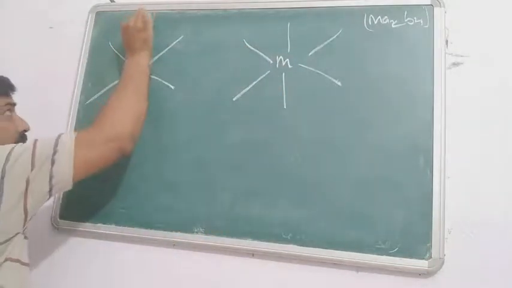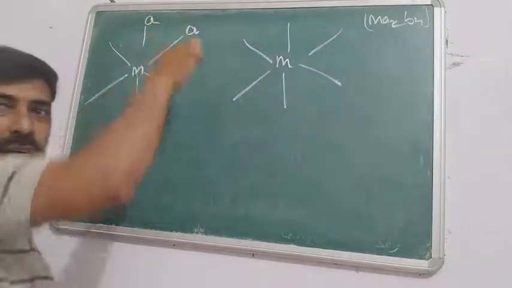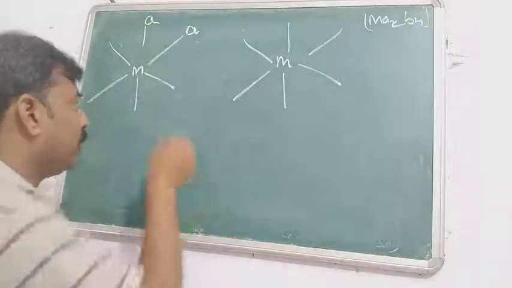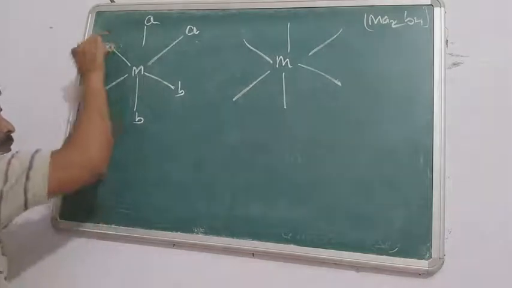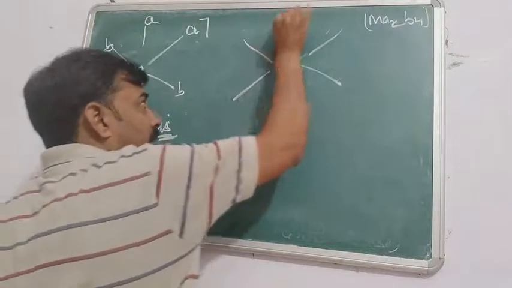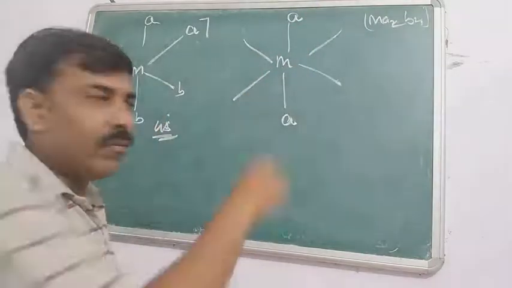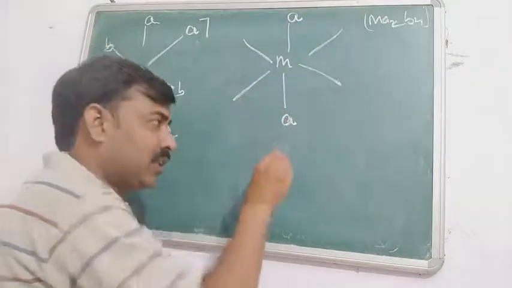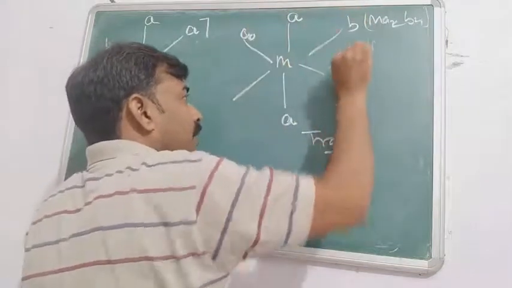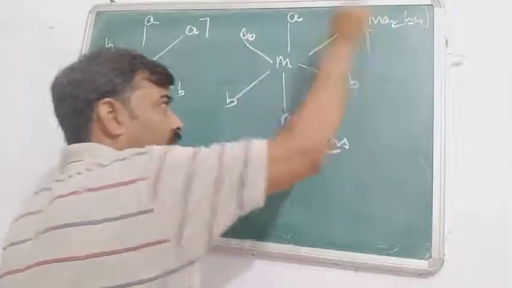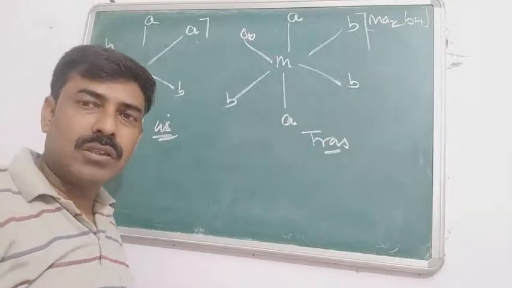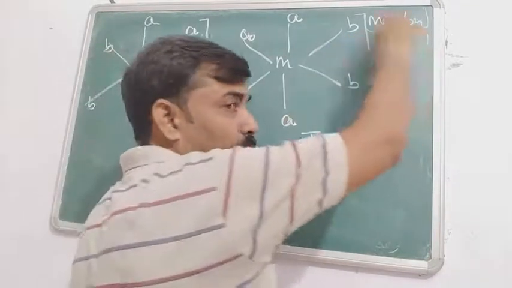So this is the condition: A and the next A. You can see both are adjacent, and if they are adjacent, it is considered cis. Children, you can put B at any position, no problem. So this one is the cis. But when A is just opposite to the next A, both are opposite to each other, this condition is called trans. So B, B, B, and B. This one is cis and the next one is trans. This is cis-trans isomerism in the case of Ma2B4.